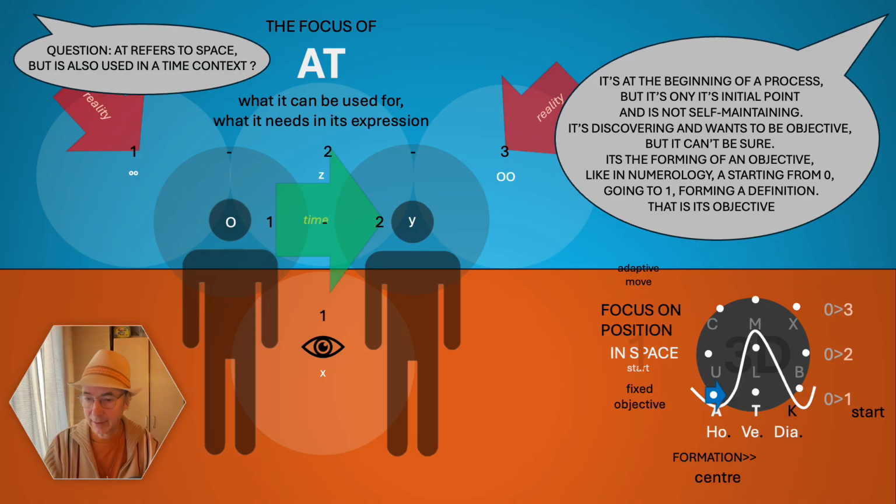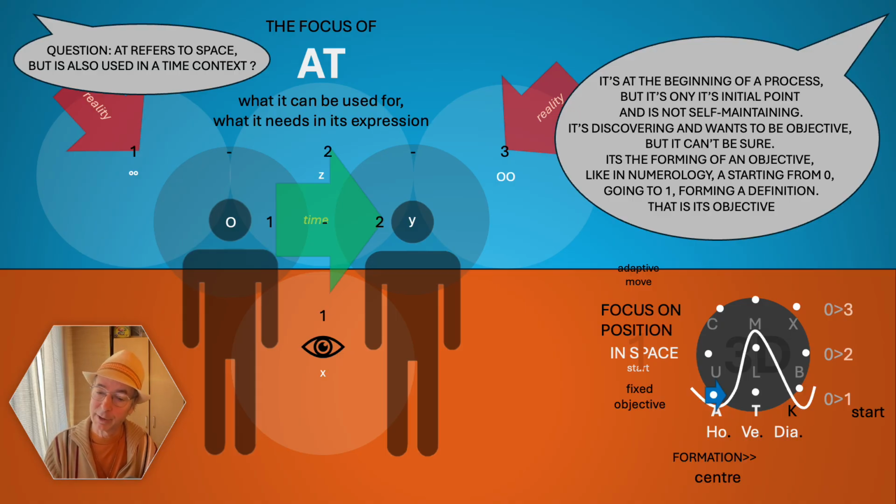We're forming the idea of a fixed point. And like in numerology, which is basically behind this whole system, it starts from 0 and it goes towards 1, to form a definition, which is the number 1, which is the letter T, by the way.